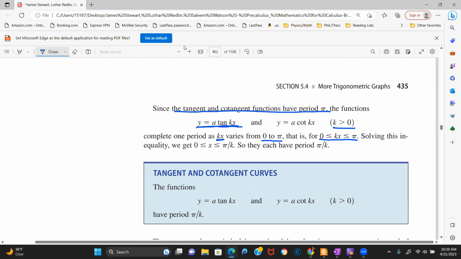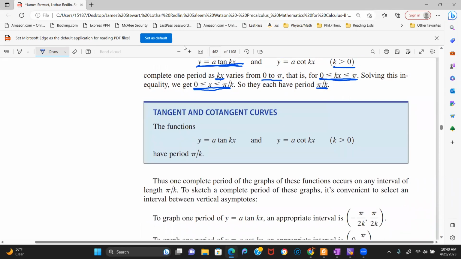But you can just divide by k, right? And so that will tell you that you complete a period when x varies between 0 and pi over k. So this graph completes a period when kx varies from 0 to pi, but that's equivalent to x varying from 0 to pi over k. So that means that the period of this is pi over k.